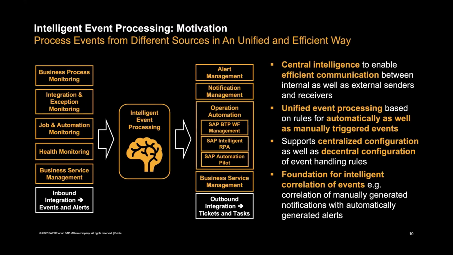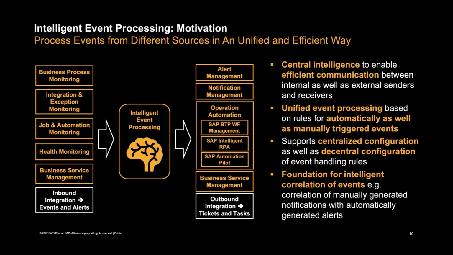Intelligent event processing, as I said, is the centerpiece of the different applications. It's the central intelligence which enables efficient communication between our internal event providers as well as external event providers. There are also plans to provide an open inbound API so that you can feed in events from external sources directly, without using any monitoring use case, into intelligent event processing.